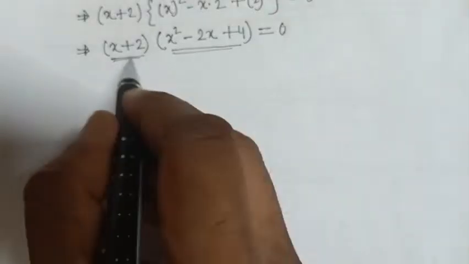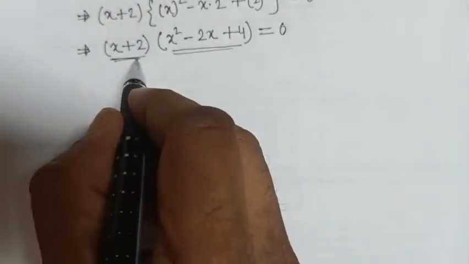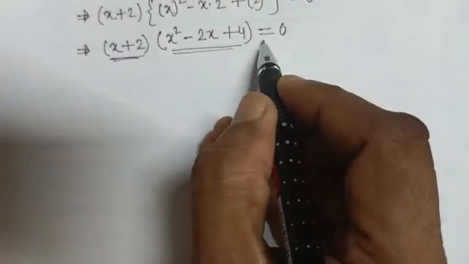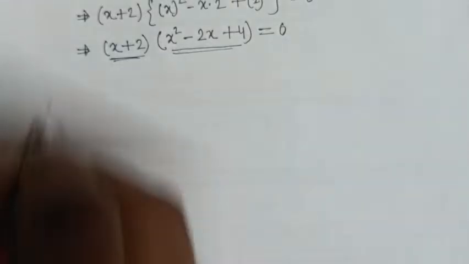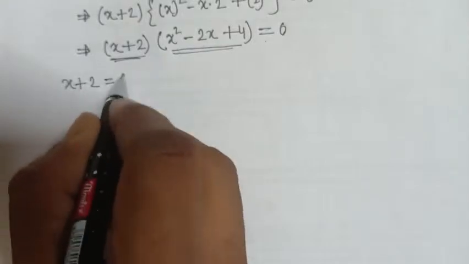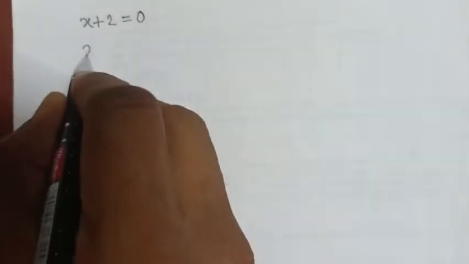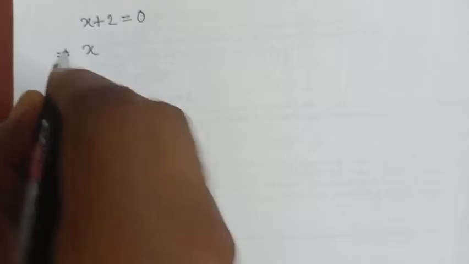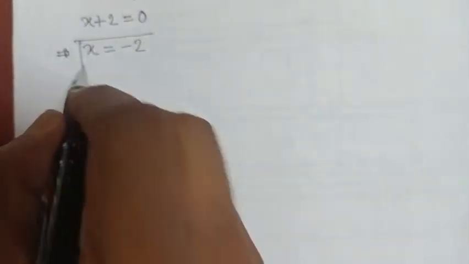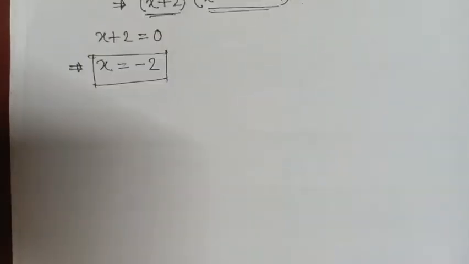So either x plus 2 will be 0 or x square minus 2x plus 4 equals 0. So we are taking first x plus 2 equals 0. Now we are getting x is equal to minus 2. So we found the first solution of x. Here x is equal to minus 2.